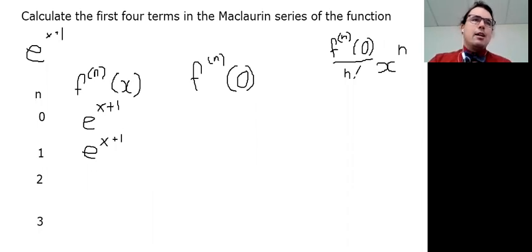So the second derivative of this function is also going to be e to the power x plus 1. The second derivative is the derivative of the first derivative. I've already figured out that the derivative of e to the power x plus 1 is still e to the power x plus 1. And that's going to be true for the third derivative as well.